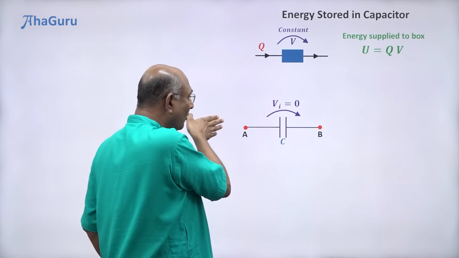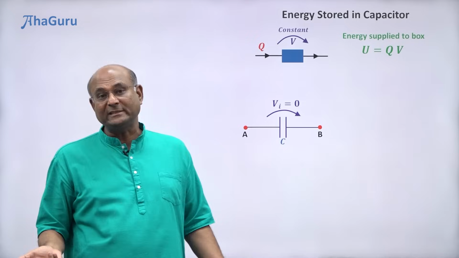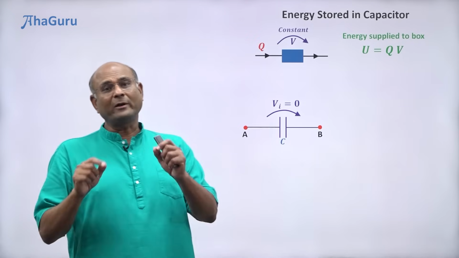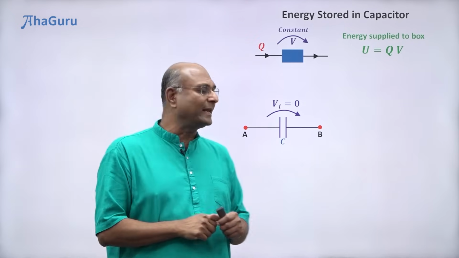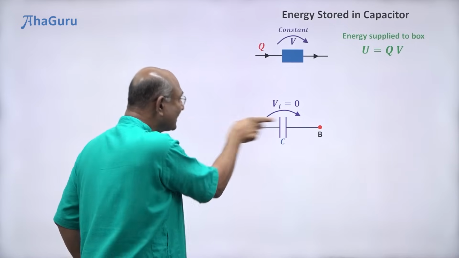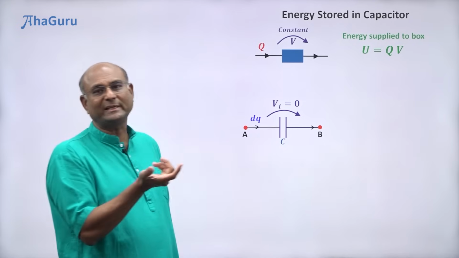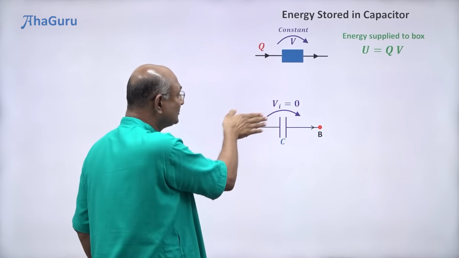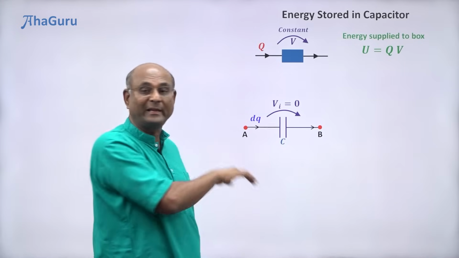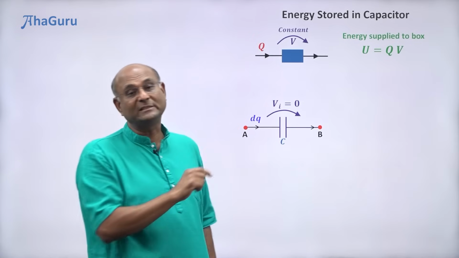Now, if I send all the charge in, as the charge comes in, the potential drop will change. So what I'm going to do is break the total charge I'm going to send in into tiny pieces. Each piece is a dq. It is so tiny that when the first dq comes in, this potential drop does not change significantly. But as you keep sending dq after dq after dq, the charge builds up here and the potential drop will change.